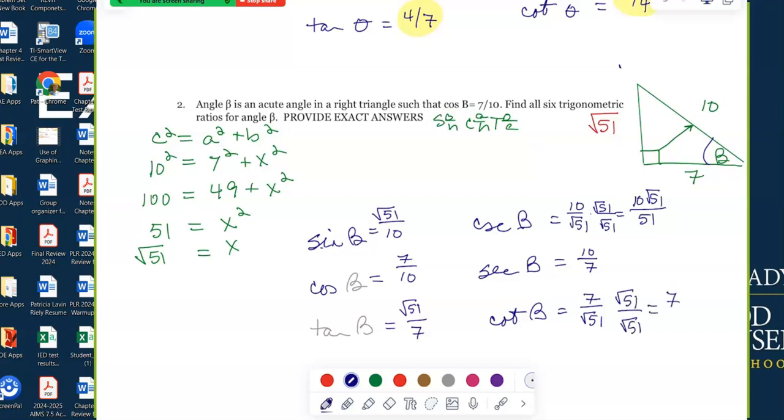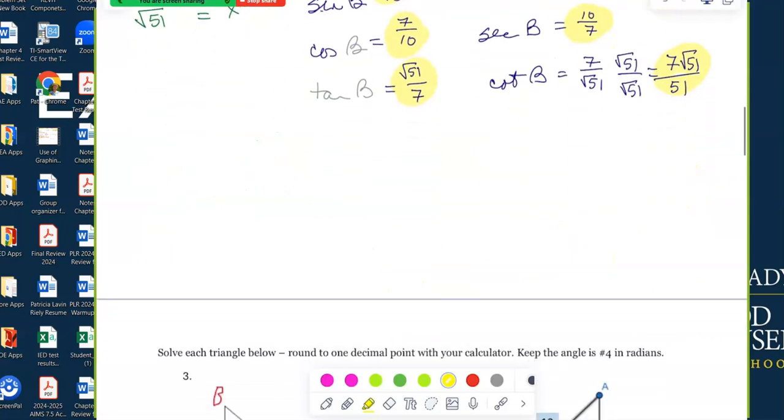Remember, rationalizing is a multiplication type event. Okay, and that's what I get. So what are my answers that they asked for? This one, this one, this one, that one, that one, that one. And remember, we had to solve for the missing side in order to get us started. Okay, so those are two nice problems.